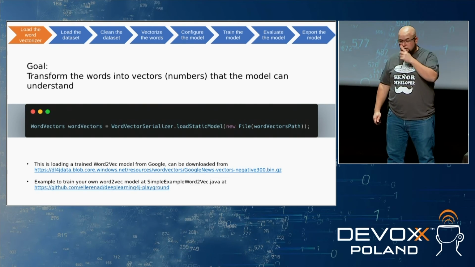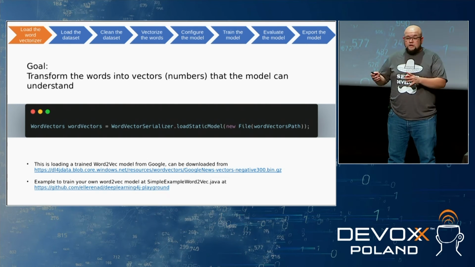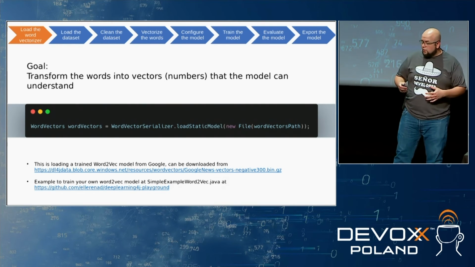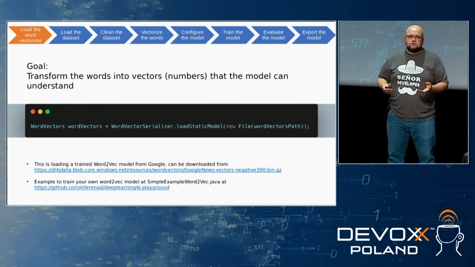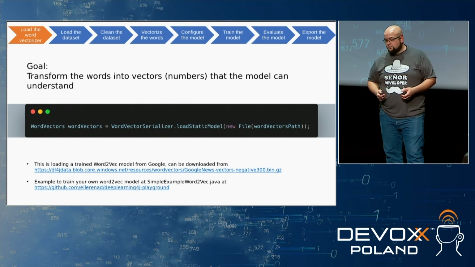But in the GitHub repo where you can find all the code of this, you can also find an example of how to train your own word2vec model because it is language dependent. So if you want to perform these operations in another language, you need to train your own word vectorizer, your own word2vec instance.